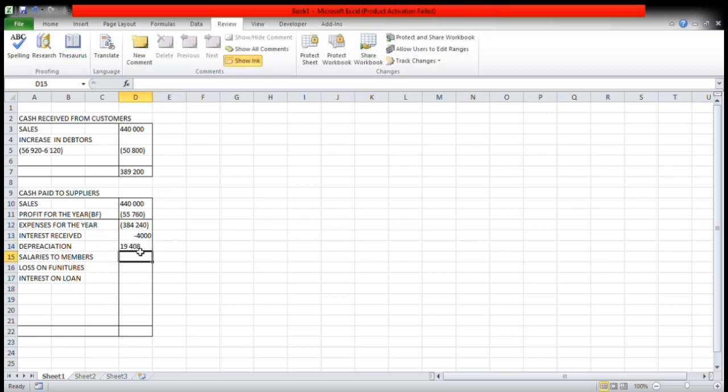The salaries to members is 96,000, and the loss is 10,000, and the interest on loan is 20,712. So I think we're done with the non-cash items. So these are the non-cash items that we have. Next, we're going to find the changes in inventory.